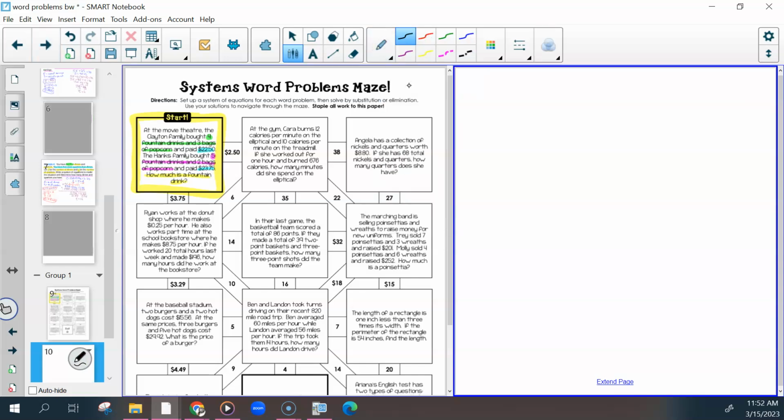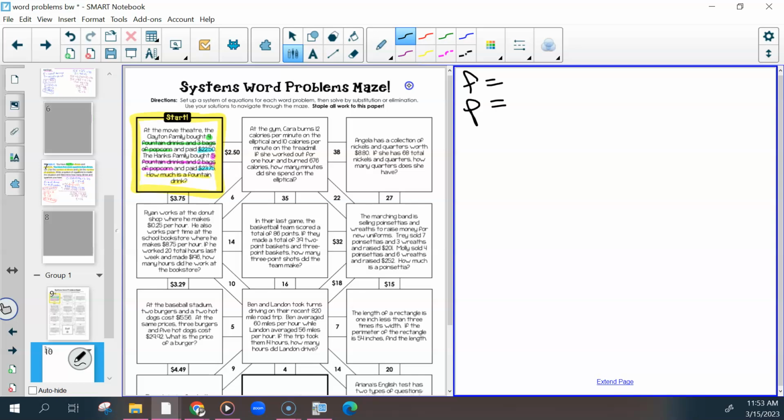So first we need two variables. Whatever variables you want, your favorite, doesn't matter. Give me two variables. F and T represent what?